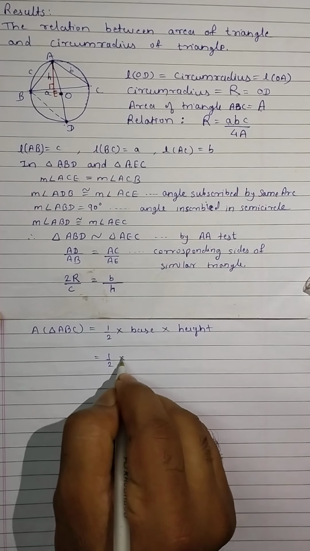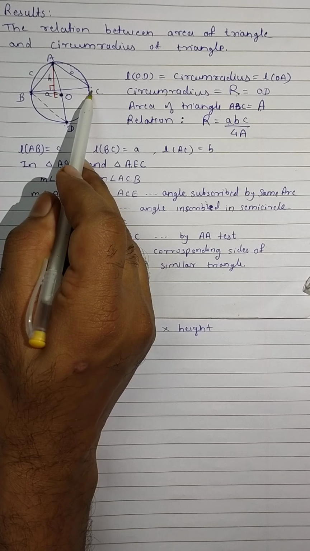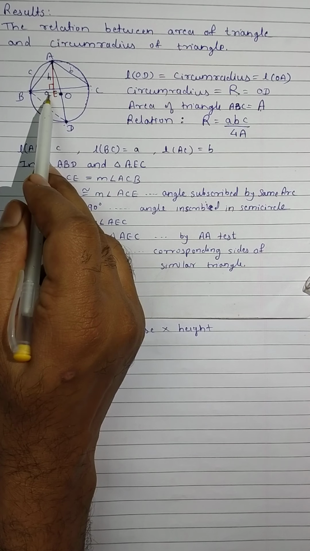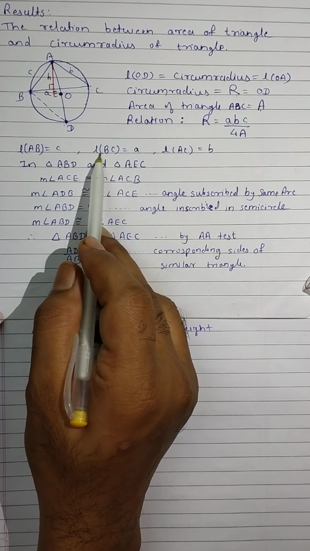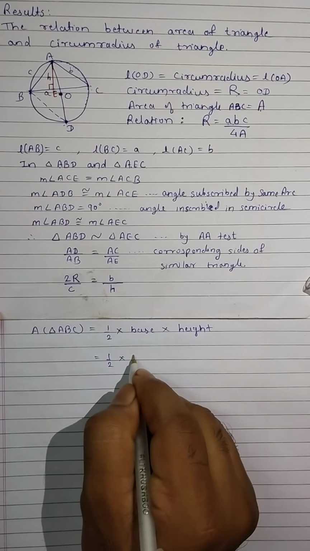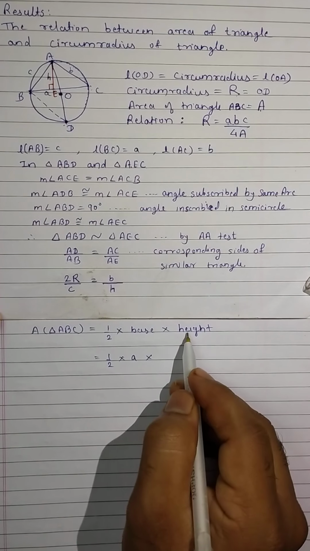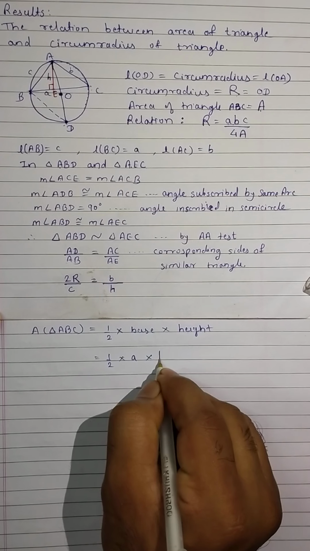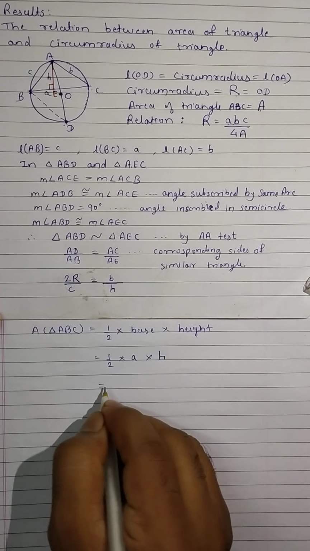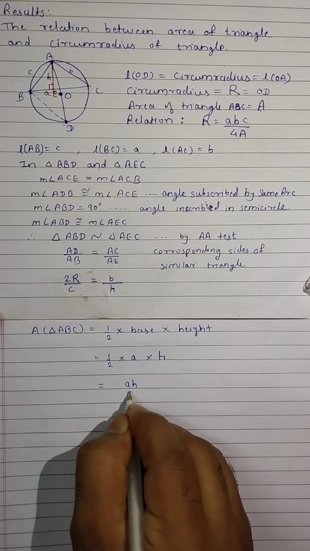Base is BC, which is nothing but length a. Length of BC is a. Into height we have considered as h. So this is nothing but a into h upon 2.